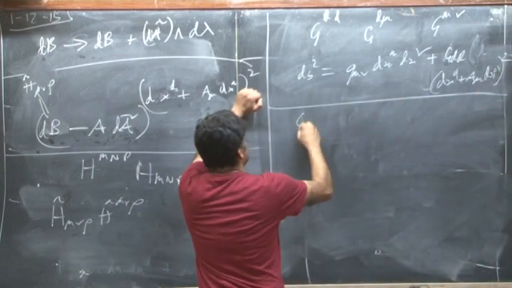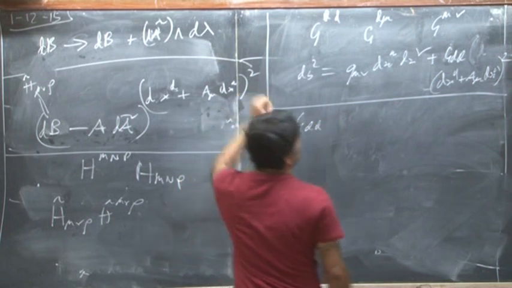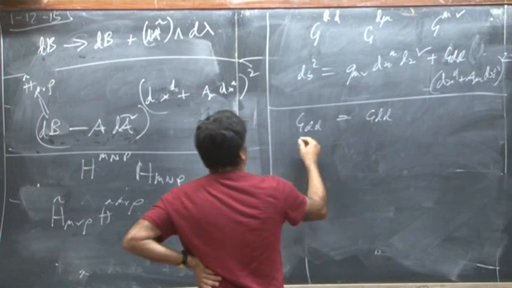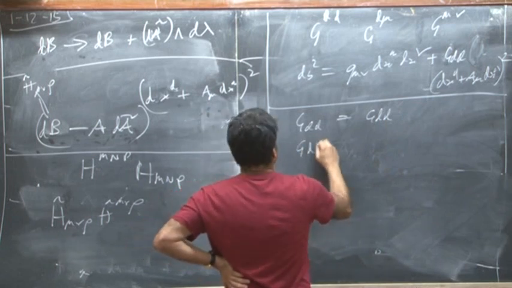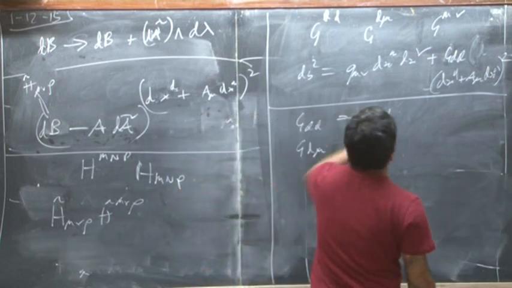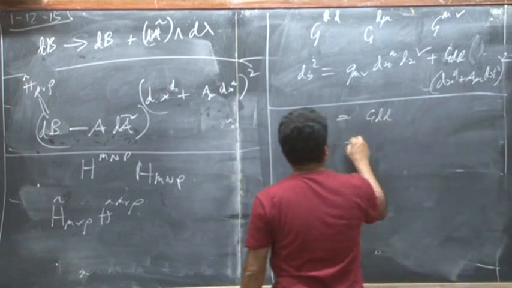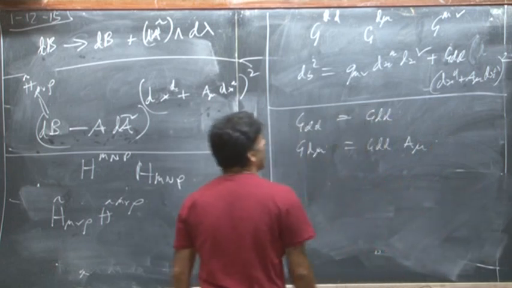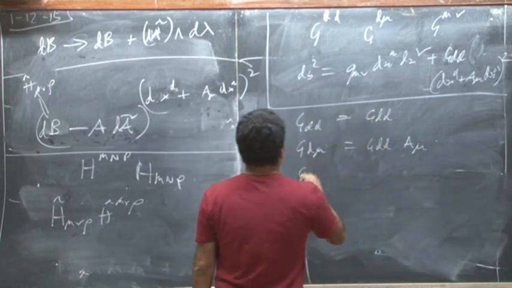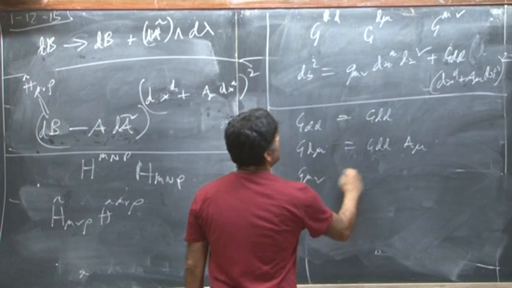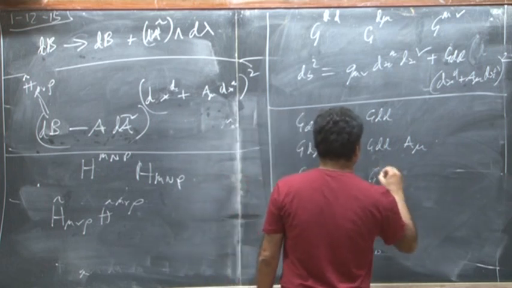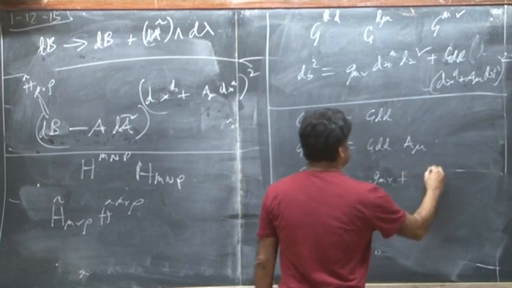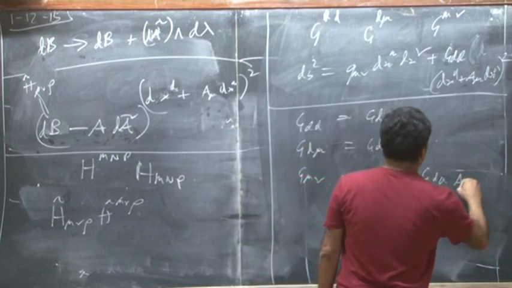So the metric with lower indices: g d mu came entirely from here, so that was equal to g dd A mu, and g mu nu was equal to g mu nu plus g dd A mu A nu.